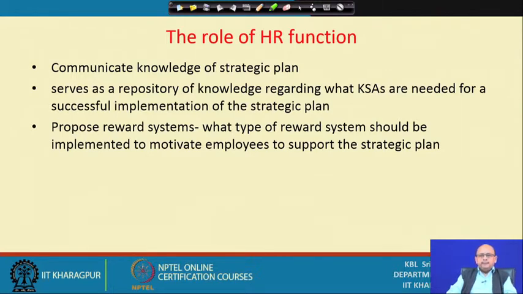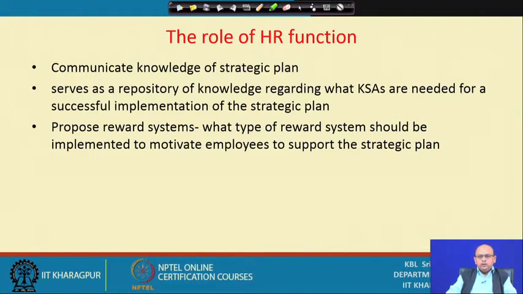This is the strategy of the organization, and we have to see whether we are able to achieve it or not. Now, in order to achieve any kind of strategy, whether it is new product development or going for price leadership or going for diversification and expansion or global expansion, whatever strategy you are going to have, you have to see whether people are competent enough or not, and that is where HR contributes most.